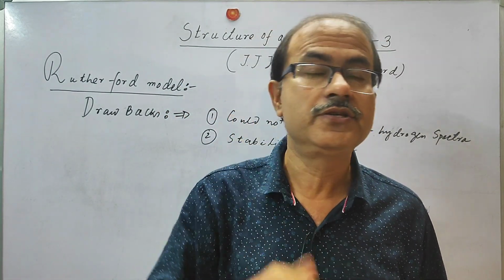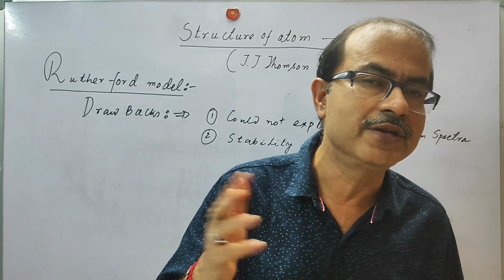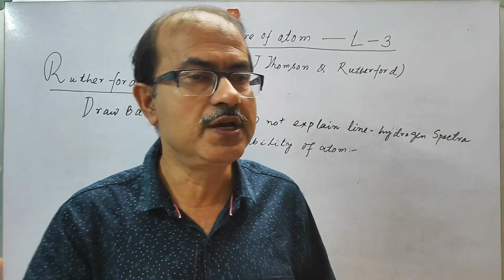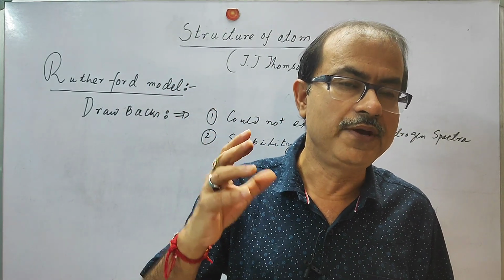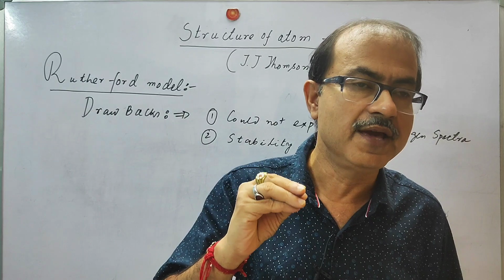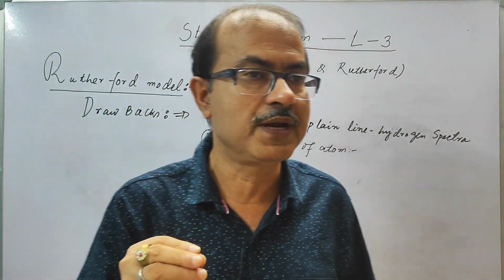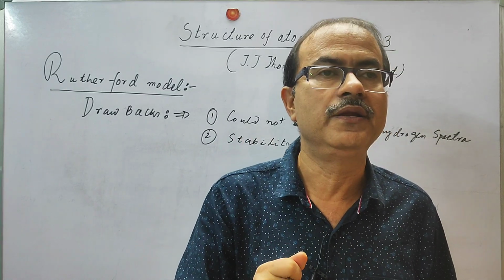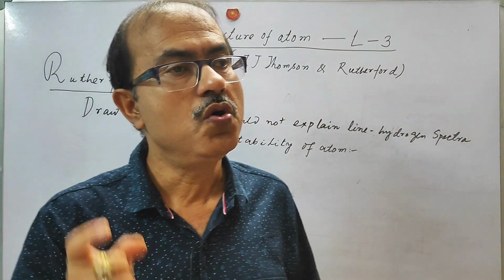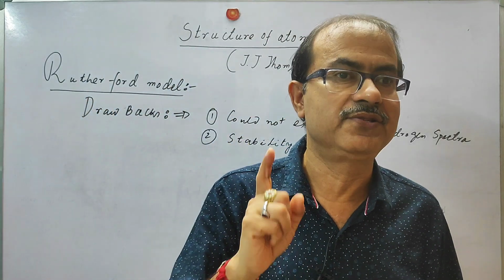Because it radiates electromagnetic radiation, its energy will be continuously lost. It will lose energy, and naturally its orbit will shrink and shrink, and ultimately it will collapse into the nucleus by the electrostatic force of attraction, so the atom would not be stabilized.